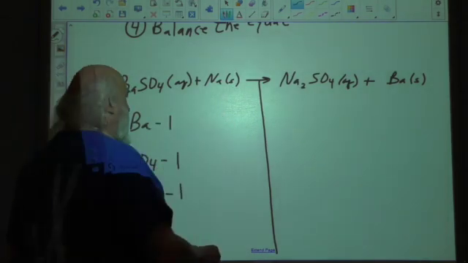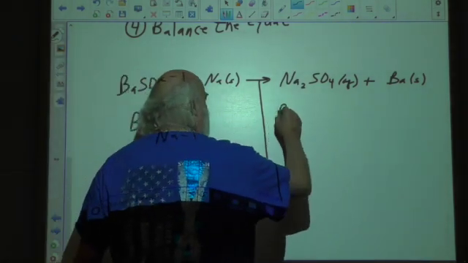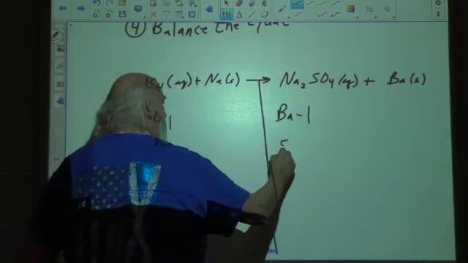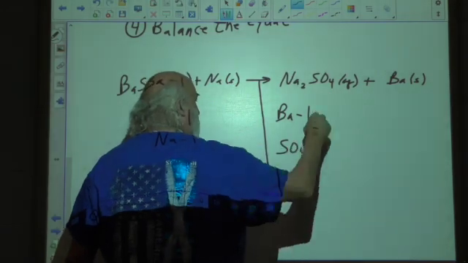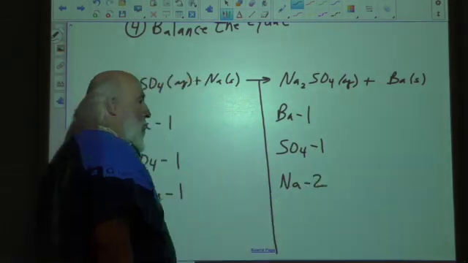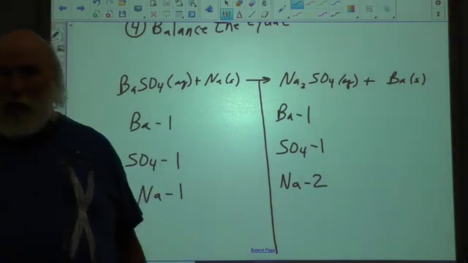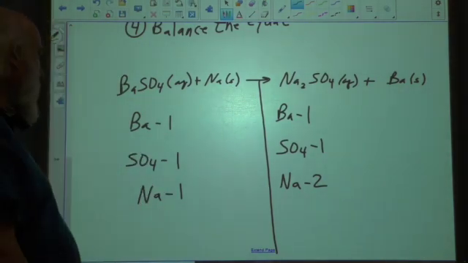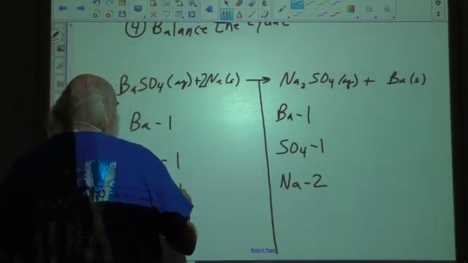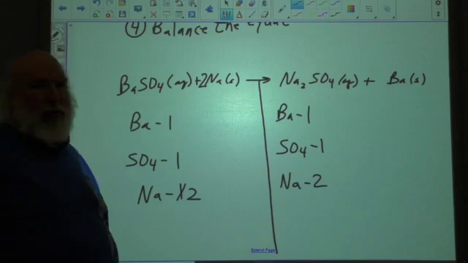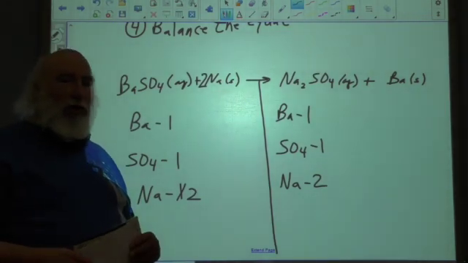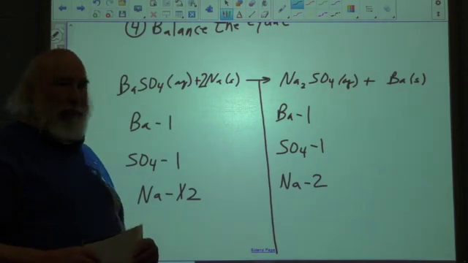Come over here, we have barium listed first, we have one over there, sulfate is next, we have one right here, and then sodium, we have two. And I think you can see what needs to be done to balance this equation. Yep, just put a 2 in front of that sodium, and now you have your balanced equation for the single displacement of barium sulfate with sodium.